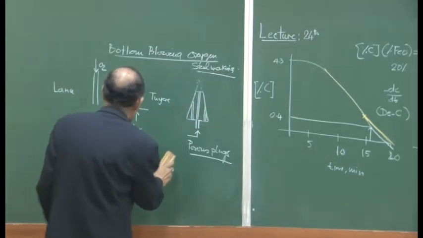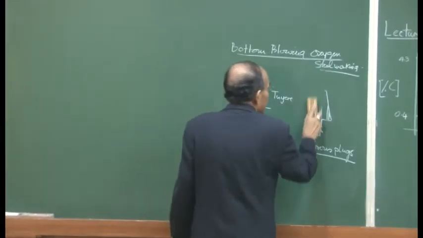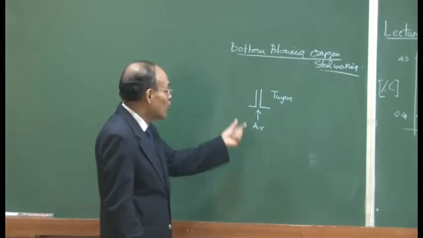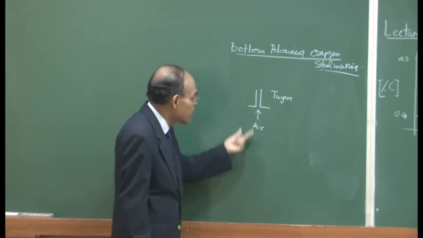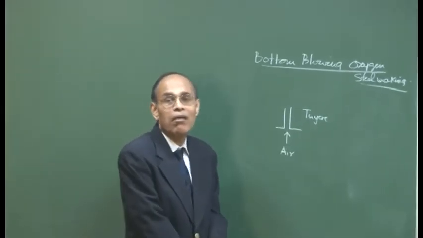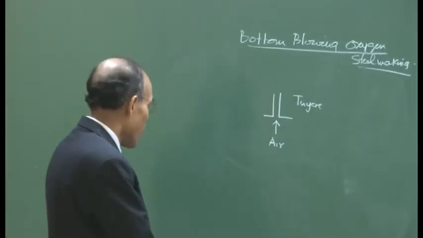Now, in the Bessemer process, I have made a categoric statement that during the period 1932 to 1935, people actually tried to put oxygen gas through this kind of tuyere into a steel making converter.